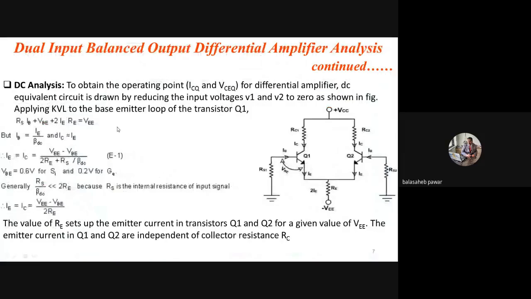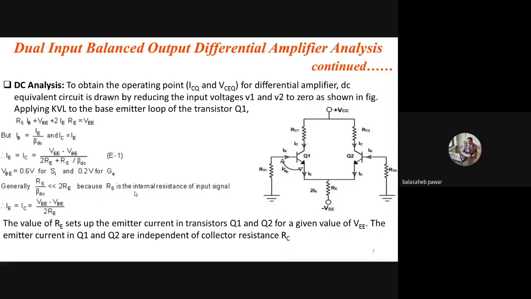So, as with the AC and DC analysis which we performed for our CS MOSFET amplifier, the same analysis we have to perform for this differential amplifier, right? First, DC analysis: we will consider all AC sources or AC input signals as zero or ground.